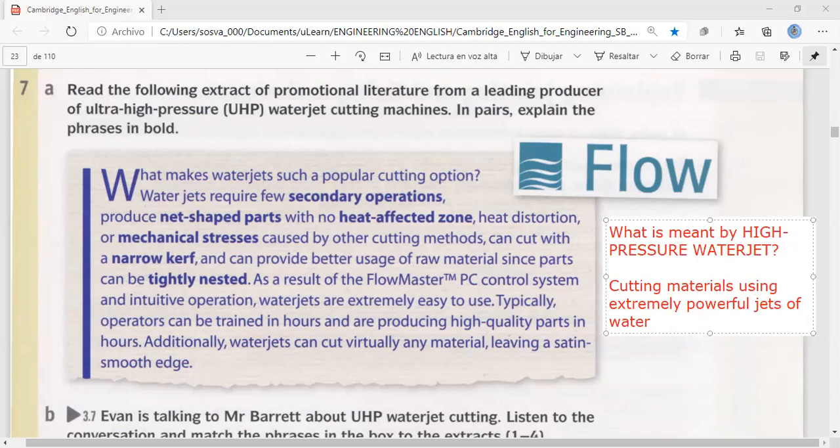And what about the words heat distortion?